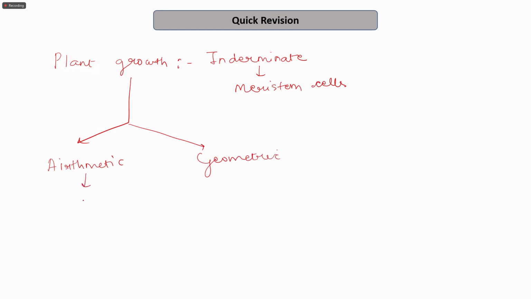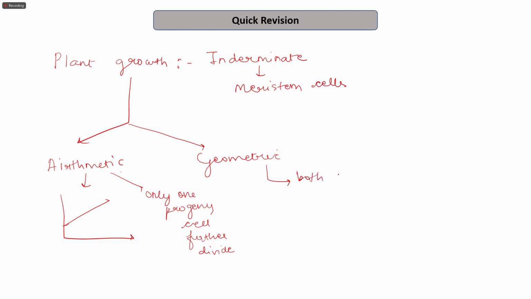So in arithmetic growth, we saw that it follows a straight line equation where only one progeny cell further divides and the other progeny cell becomes differentiated and acquires a function.